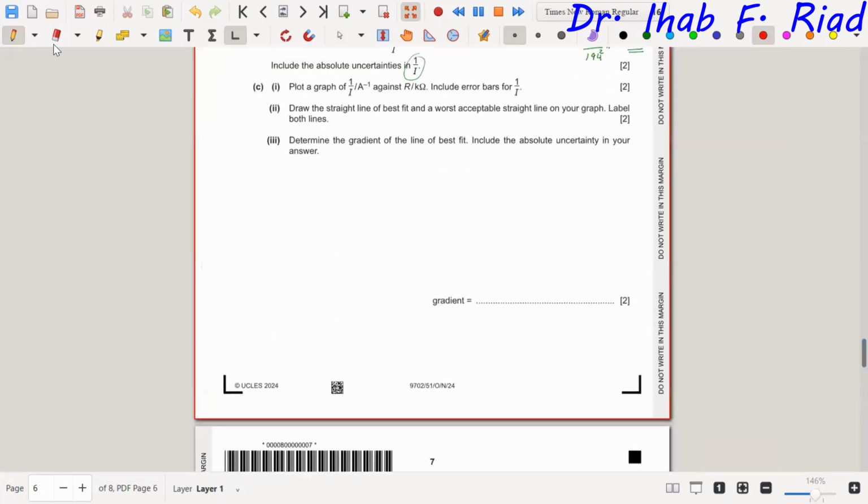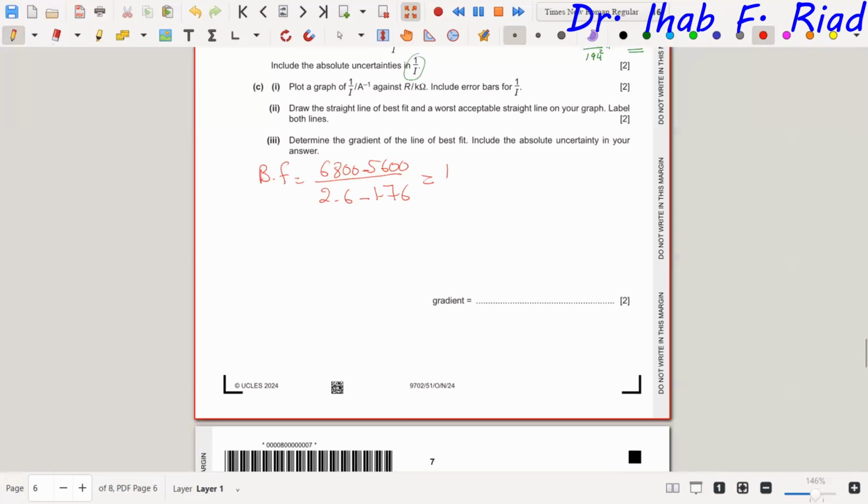So for me, just to be consistent with what I have, my best fit line came to have a slope of 6800 minus 5600 over 2.6 minus 1.76.